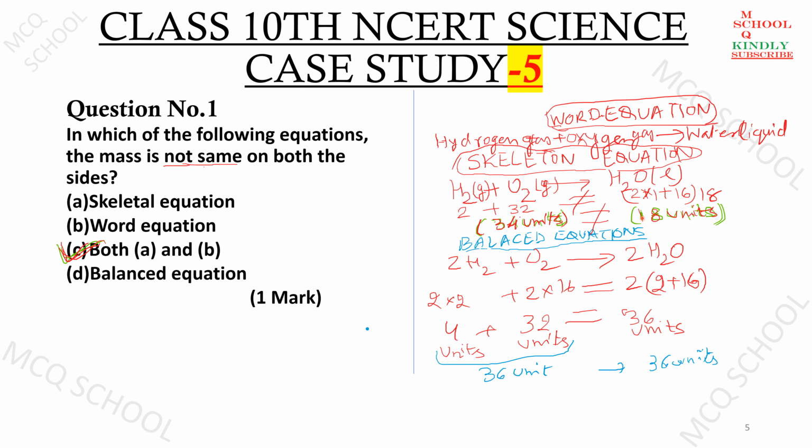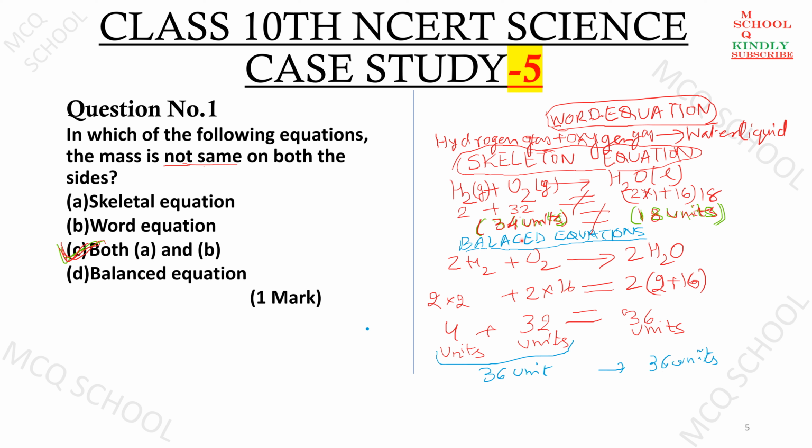So the left and right units of mass are different in the skeleton equation. When we balance the equation, we get 4 units of hydrogen, 32 units of oxygen and 36 units of H2O. So that means left hand side 32 plus 4, 36 units, right hand side 36 units.